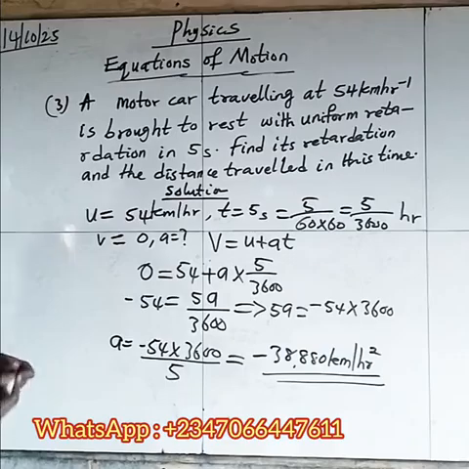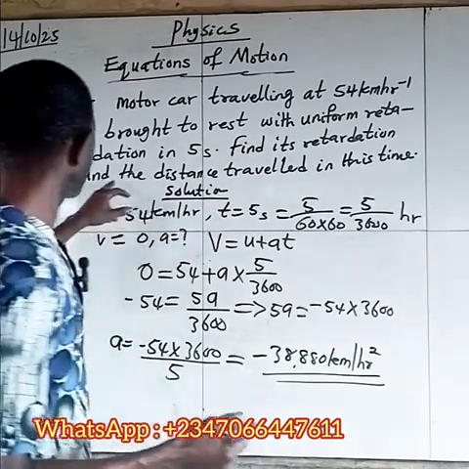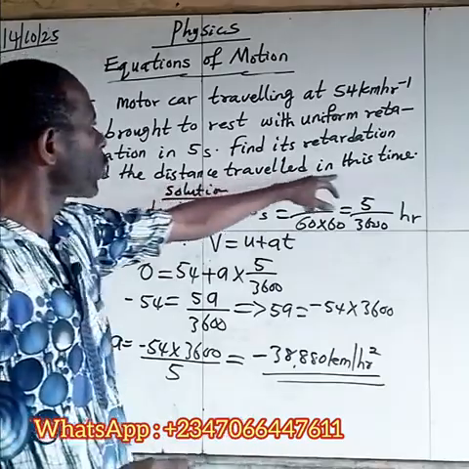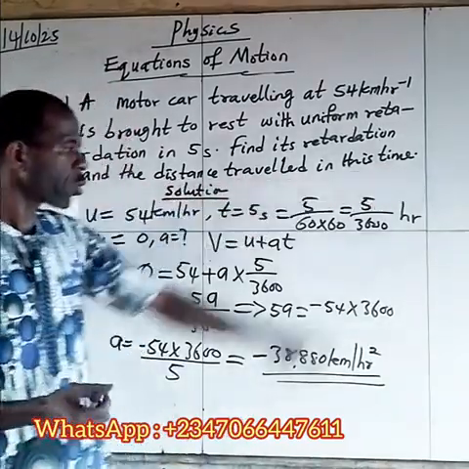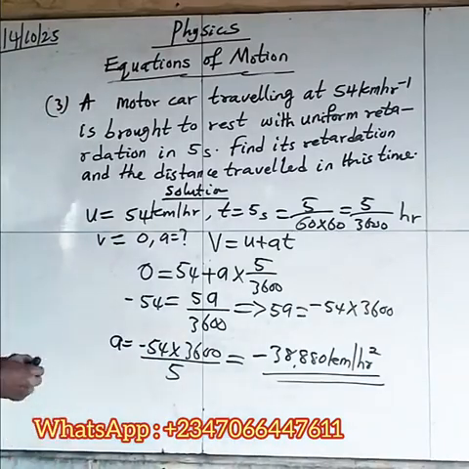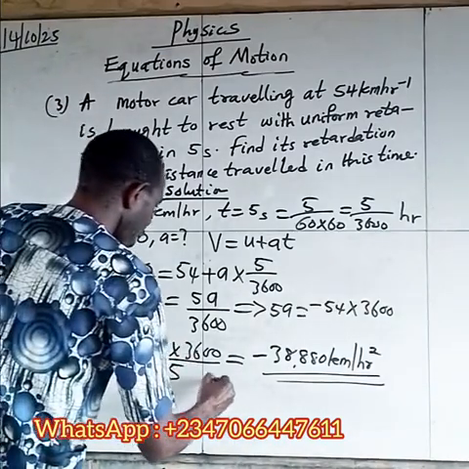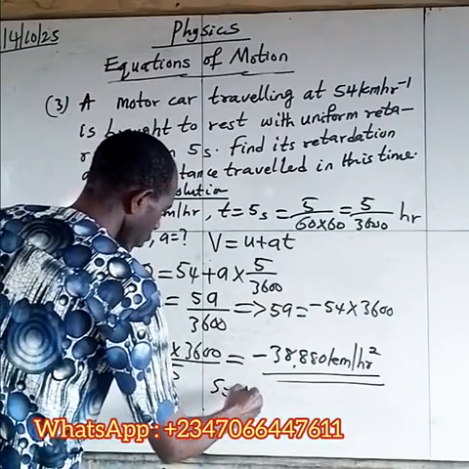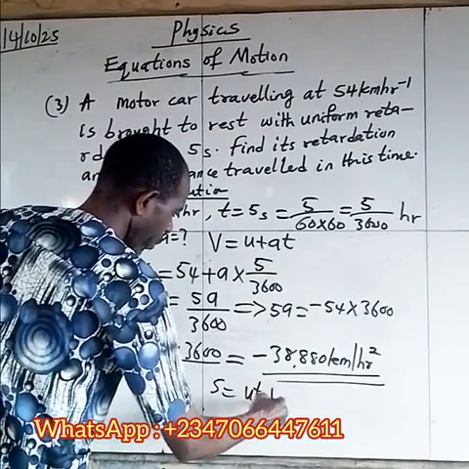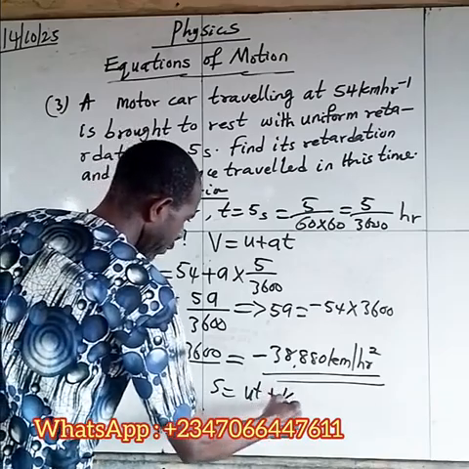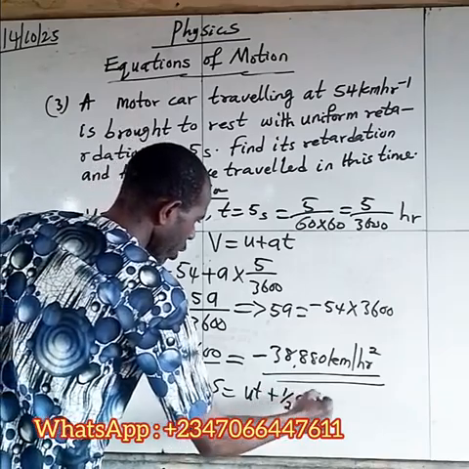That is the retardation. Then the next one we want to look at is the distance traveled in this time. Which formula do you think we are going to use that has to do with distance? We have s equal to ut plus half at squared.